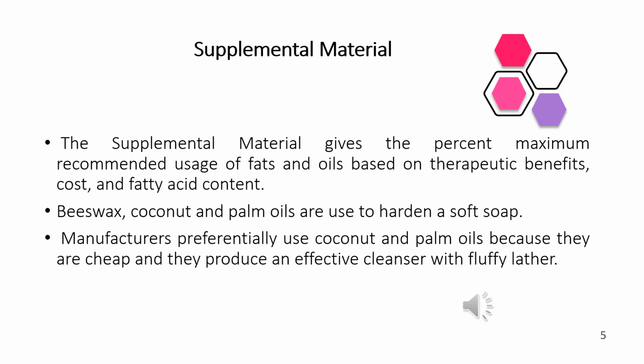They are cheap and they produce an effective cleanser with fluffy lather. So, due to the advantages of the coconut and palm oils, they are preferred to be used by the manufacturers.